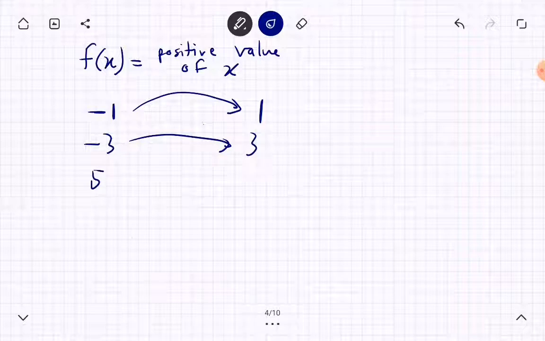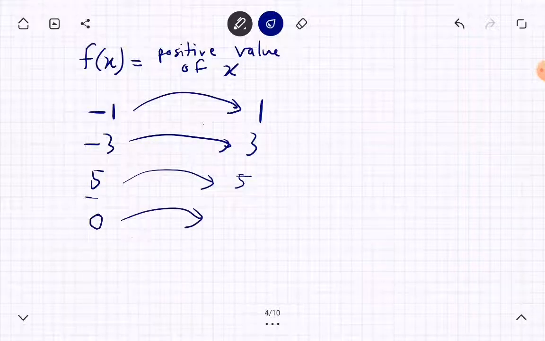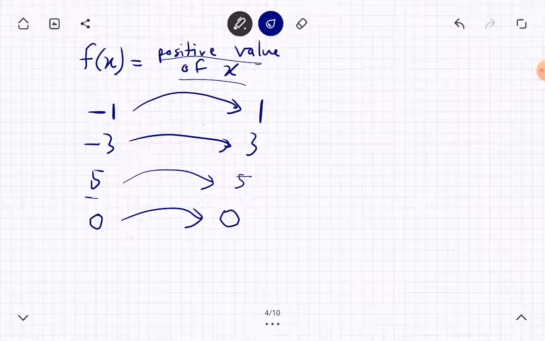If I put positive 5, since 5 is already positive, nothing changes, I just get 5. If I put in 0, I get 0, because 0 is not negative or positive, so there's only one version of 0. But is there an easier way to write this function? Every time I want to write this function, I can't be writing four words, positive value of x. This is very long.